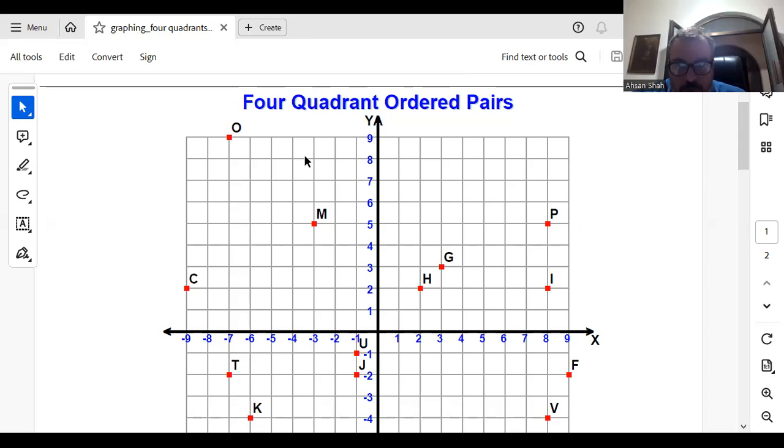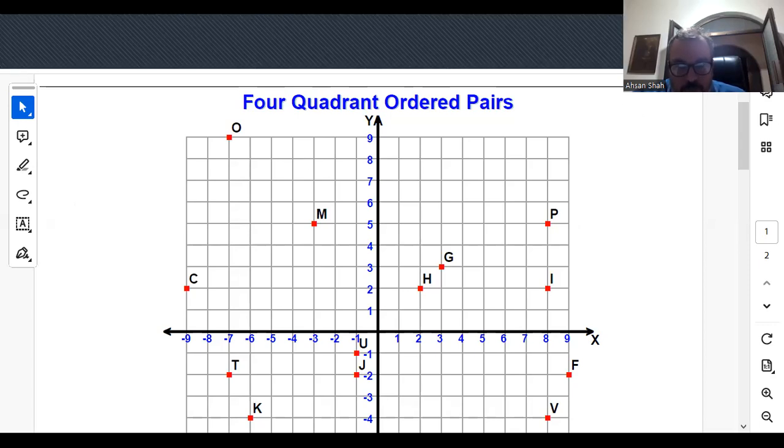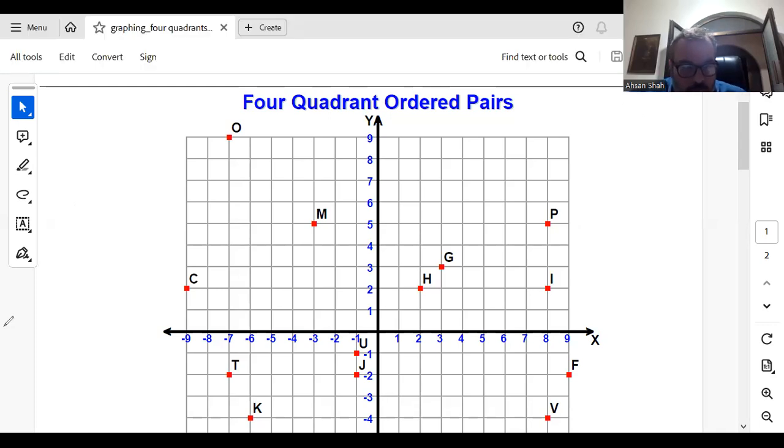This is the first quadrant. This is the second. This is the third. And this is the fourth quadrant.